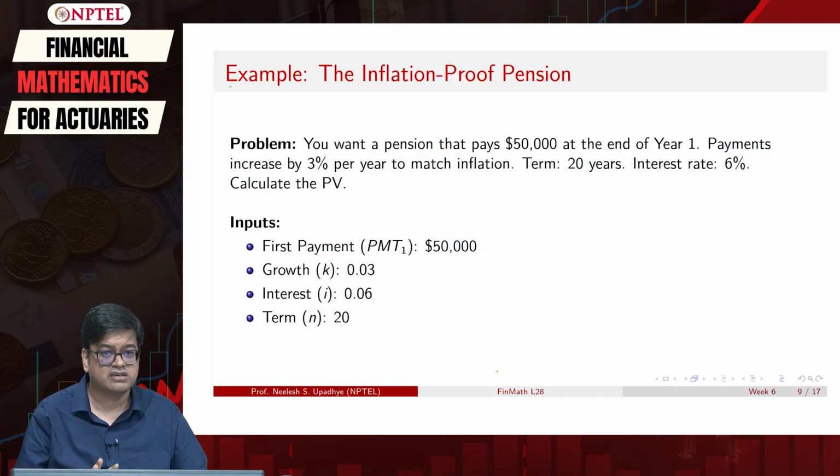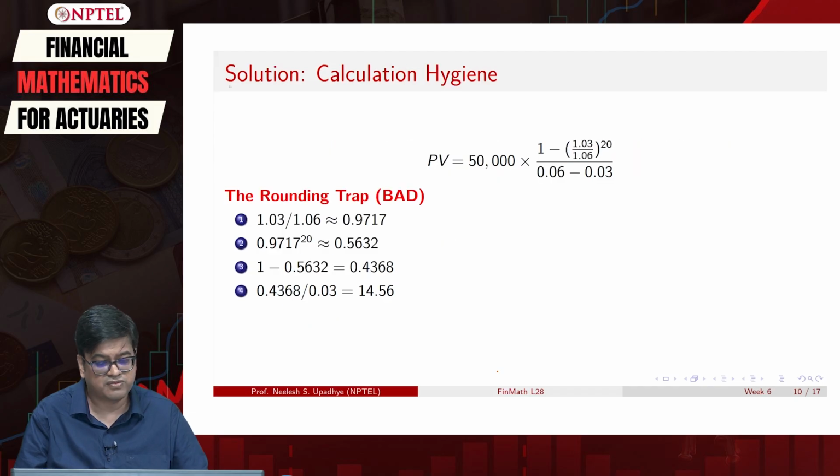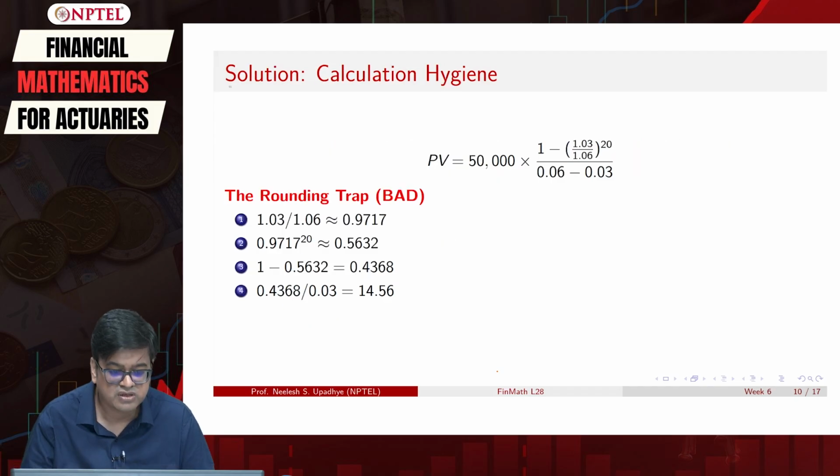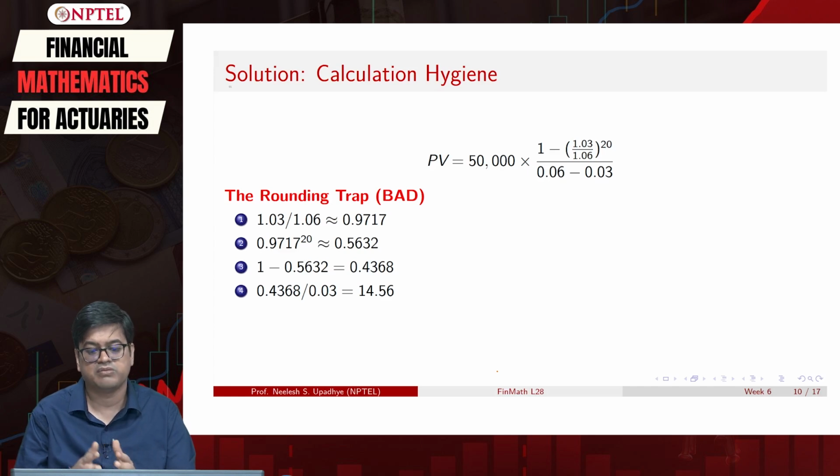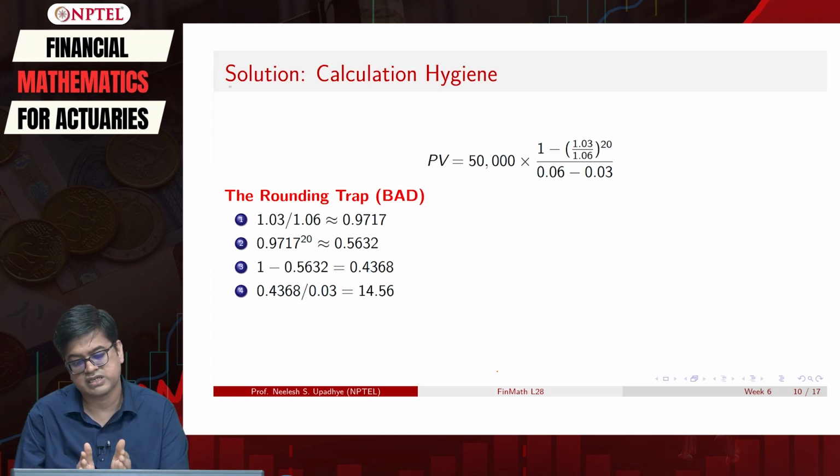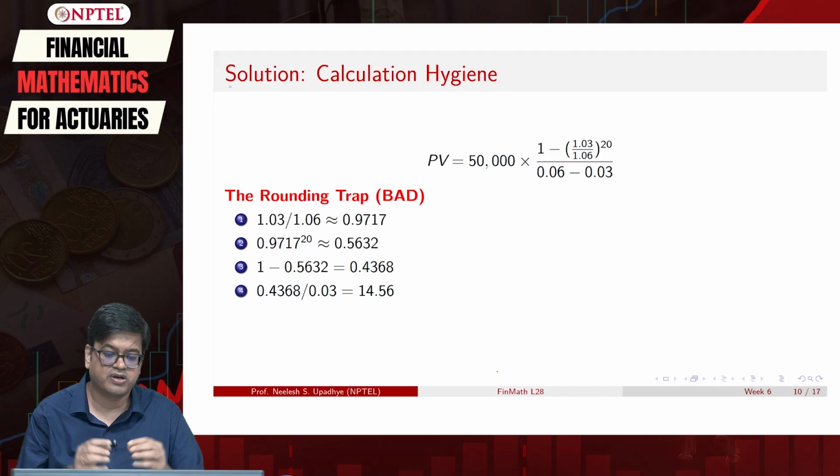Now what we need to do is push everything into a present value calculation, correct. So we will do that, and there is a clean formula for present value, which we have shown: 50,000 into 1 minus ((1 plus k) upon (1 plus I)) to the power n, upon (I minus k). So we have done that, and now we have this formula.